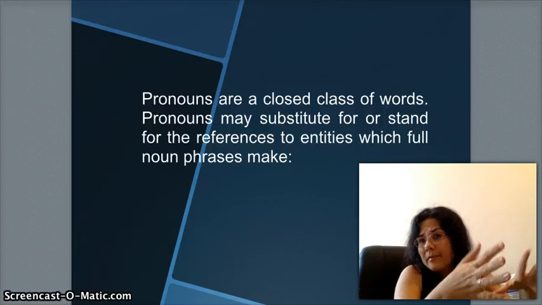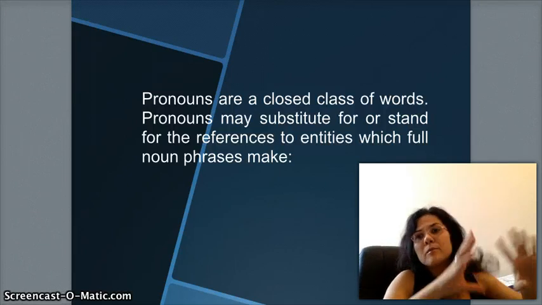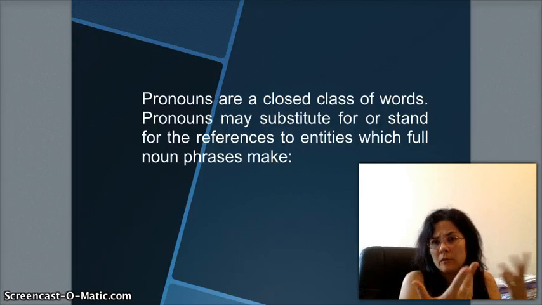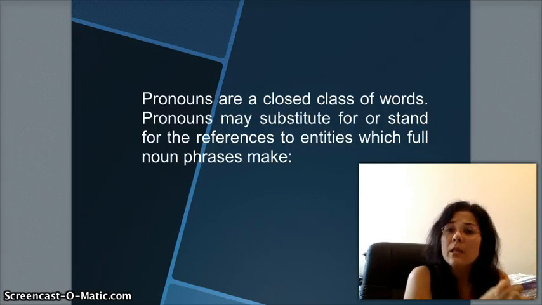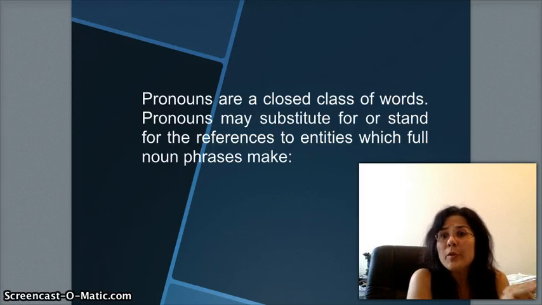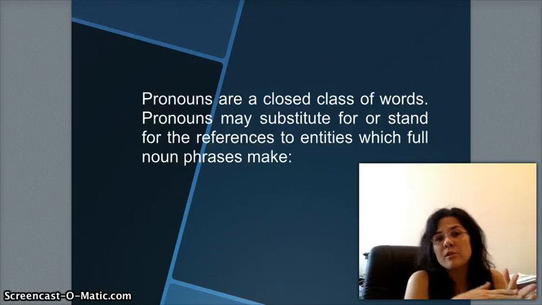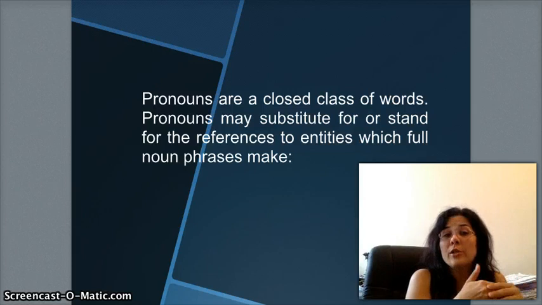Okay, the items are there and we don't add things. Okay, the other thing is pronouns are used to substitute for or stand for the references to entities which full noun phrases make.